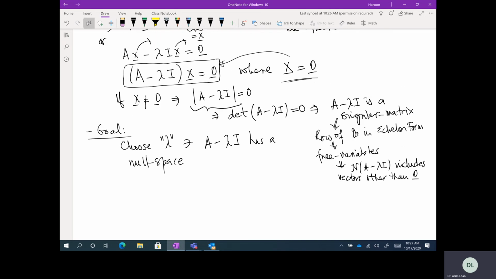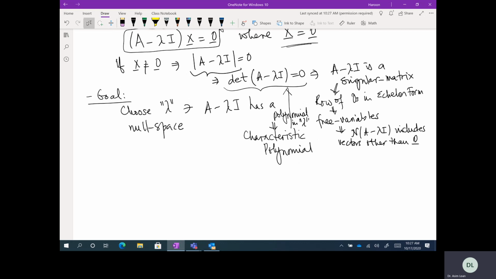The determinant is going to give you a polynomial in lambda, and that is called the characteristic polynomial, or characteristic equation.